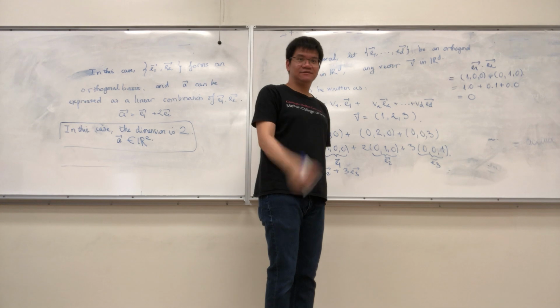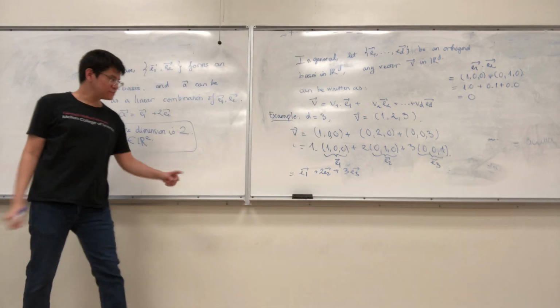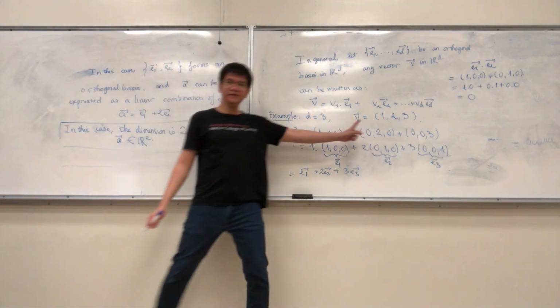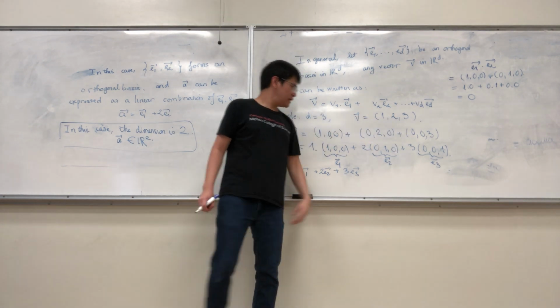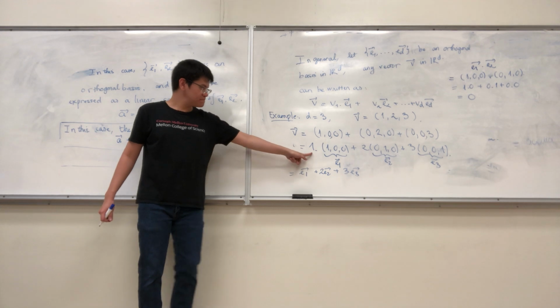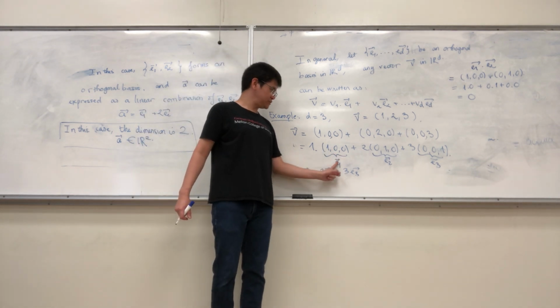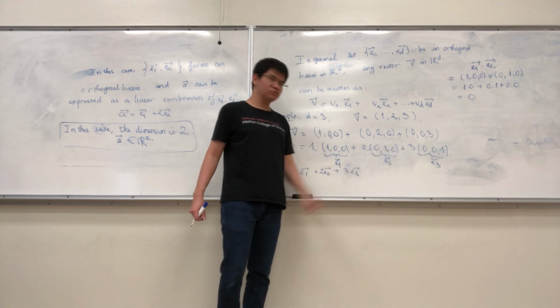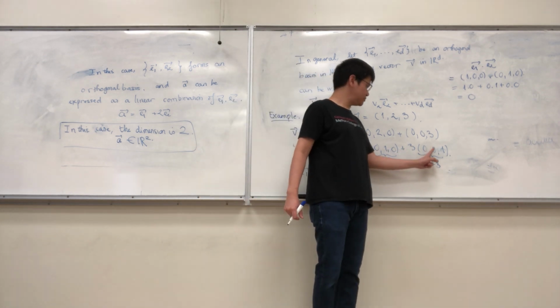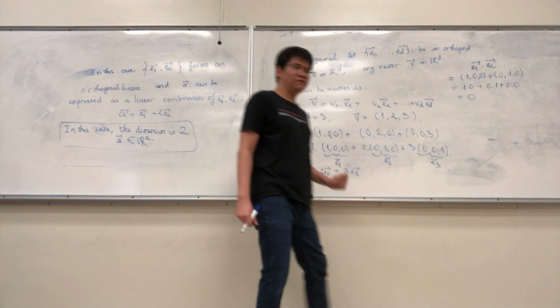All right, and so I explain again. After I decompose V, like 1, 2, 3, this is the vector V. I can decompose this like 1 times 1, 0, 0, which is E1, plus 2 times 0, 1, 0, which is E2, and the next one is 3 times 0, 0, 1, which is E3, right?